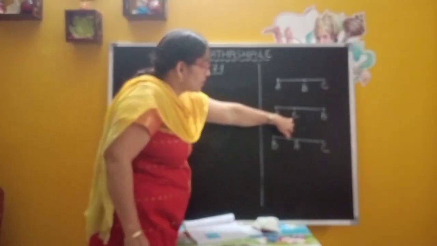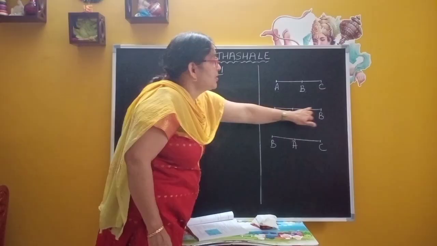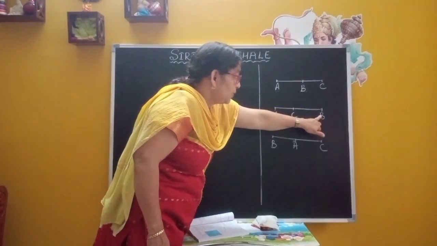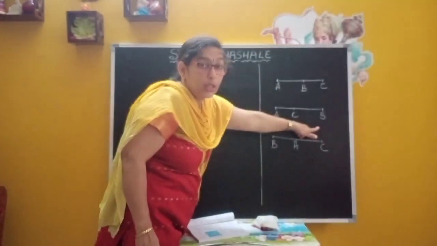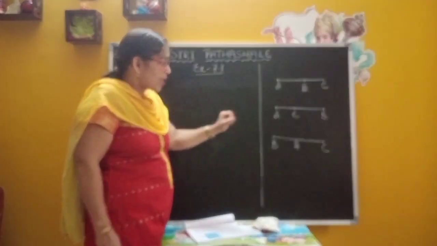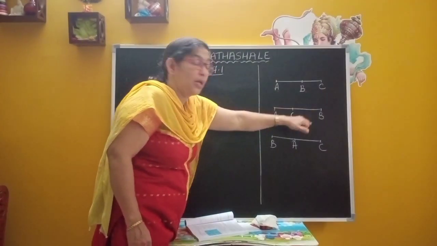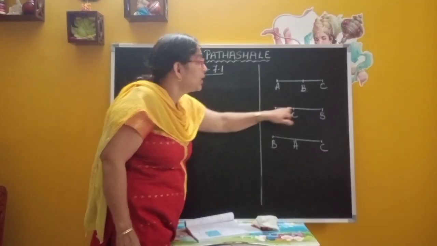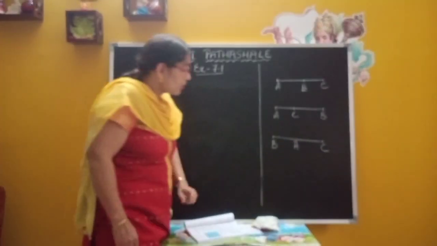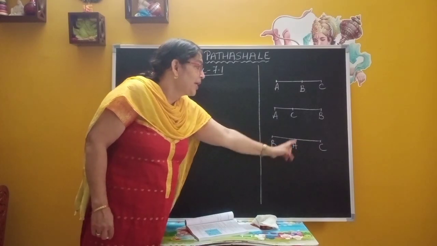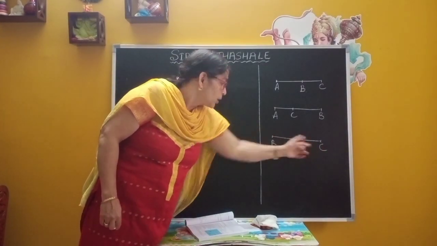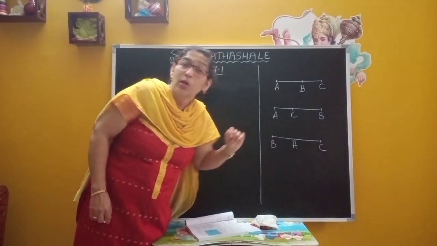In this case, AC plus CB is equal to AB if they are collinear. Same straight line, if AC and CB are added, we should get the line AB. So in this case, you can say easily BA plus AC must be equal to BC if they are collinear.